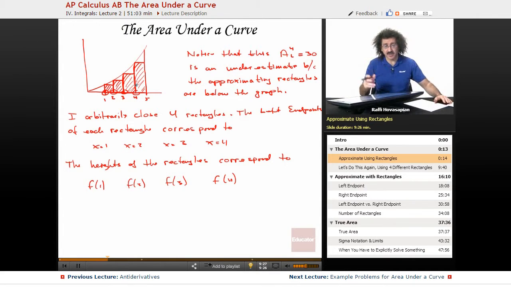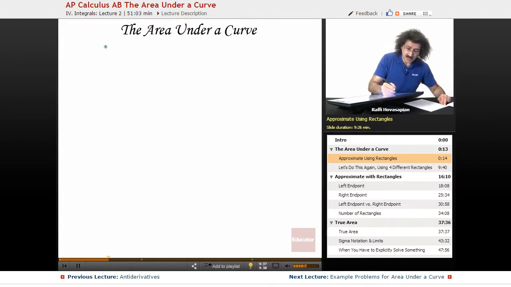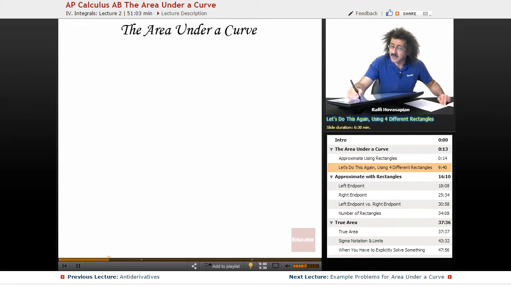Let's do the same thing, same graph, f equals x squared, same number of rectangles, 4, but let's choose 4 different rectangles, but all over that same domain. Okay, so let's do this again. Let's go back to blue.